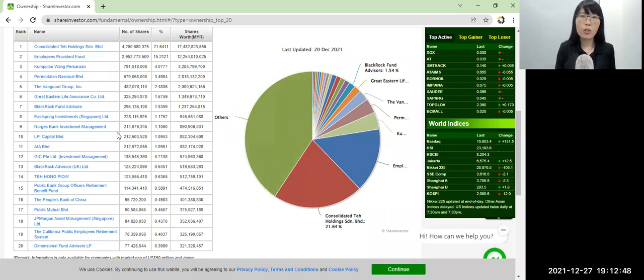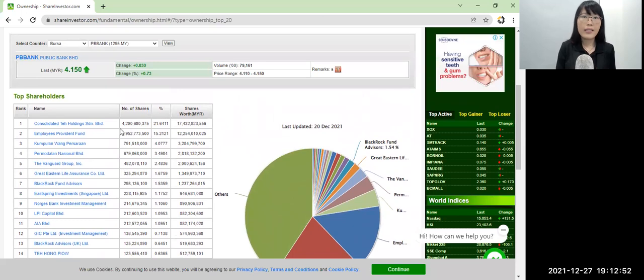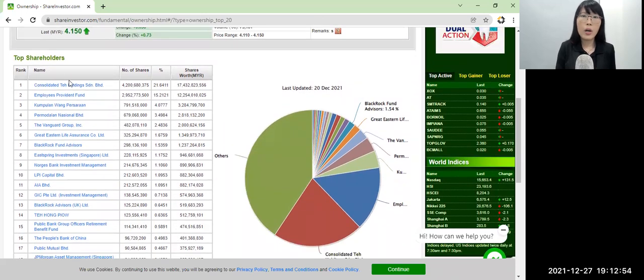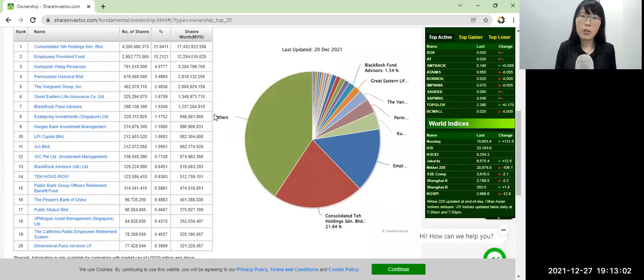So this is the top 20 shareholders of Public Bank. You can see that the number 1 shareholder of this company is Consolidated Teh Holding Sdn Bhd. So you know it belongs to the Teh family. Tan Sri owns about 21.64% of Public Bank shares.